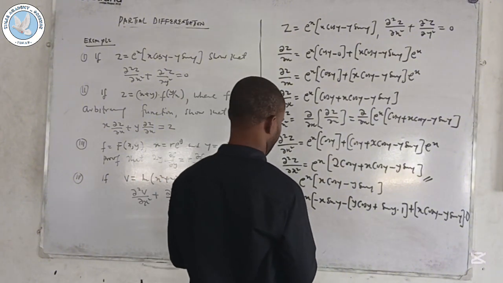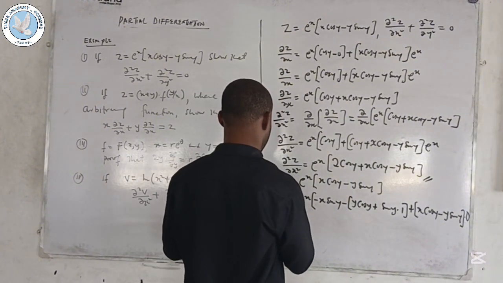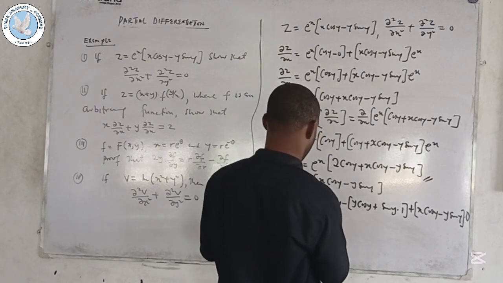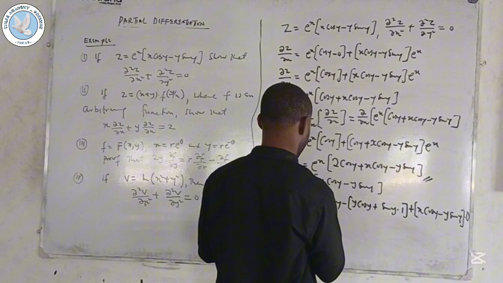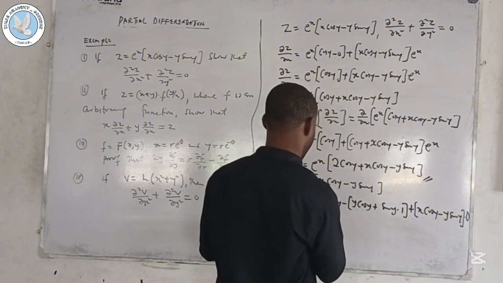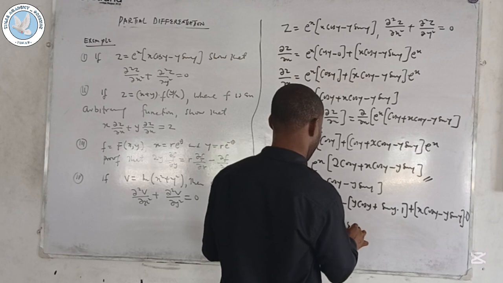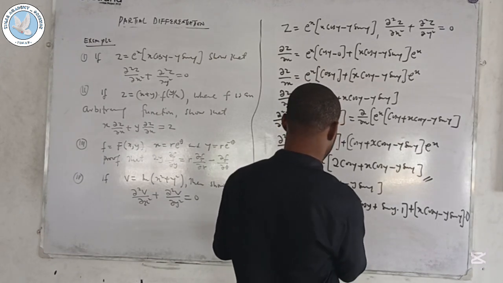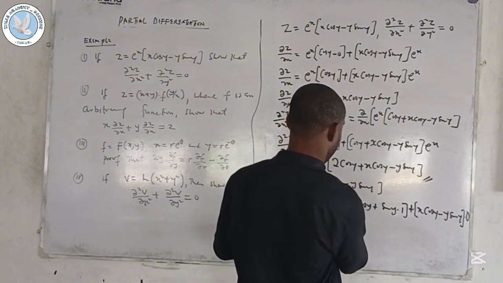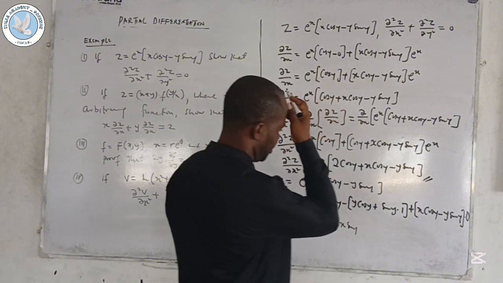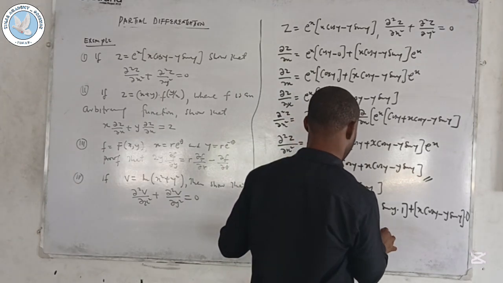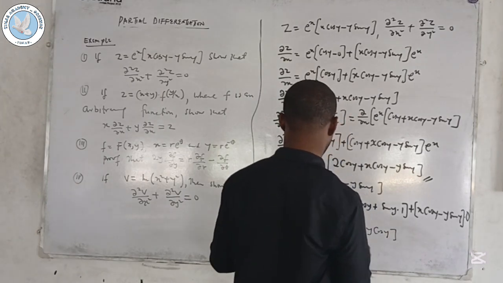So we have that dz dy is giving us exponential x into sine y minus x sine y, and sorry, this is minus all of this, minus sine y minus this, and we have minus y cos y.